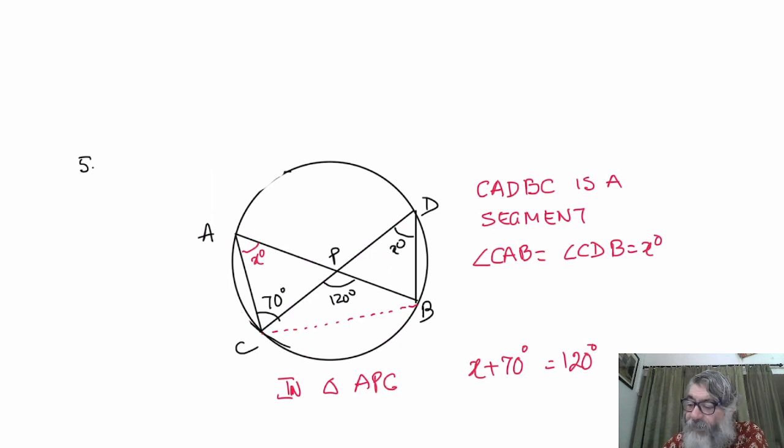CPB is the exterior angle for triangle APC. The exterior angle of a triangle is equal to the sum of the interior opposite angles. So X plus 70 is 120, so X will be 120 minus 70, and that will come out to be 50 degrees.